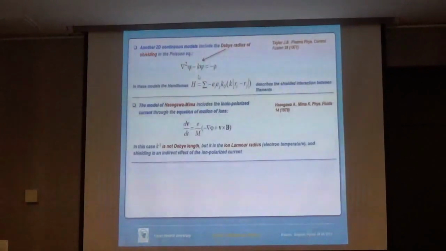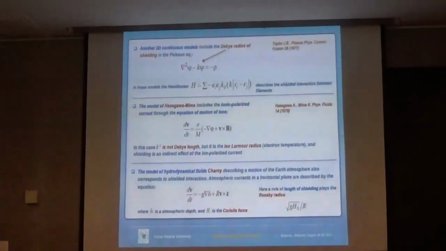In this case, the key length is not the Debye length, but the ion Larmor radius from temperature, and shielding is an indirect effect of the ion polarization current. The model of hydrodynamic fluids, Charney, describing the motion of the atmosphere, also corresponds to shielding interaction.